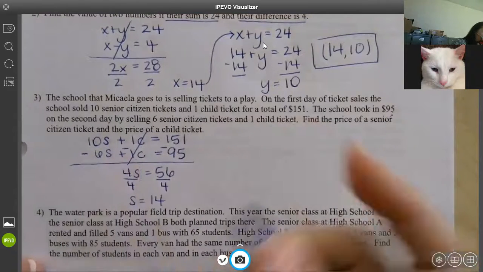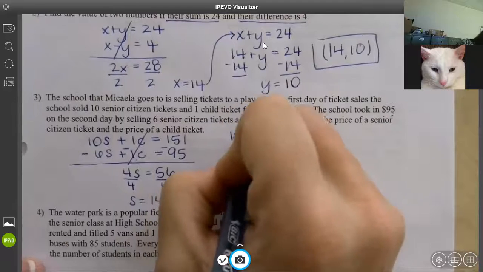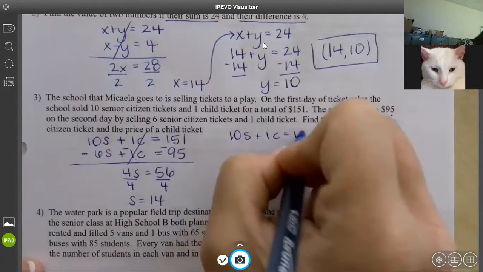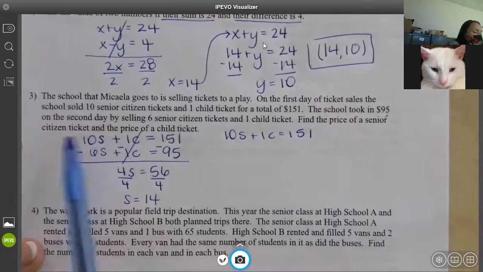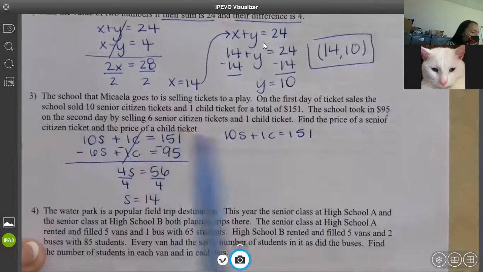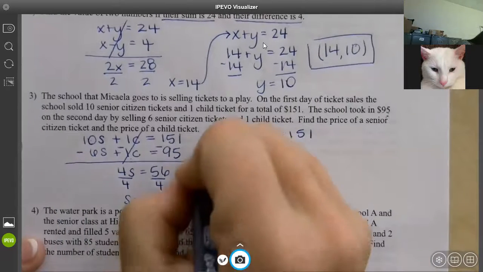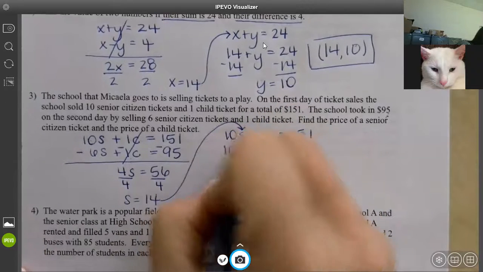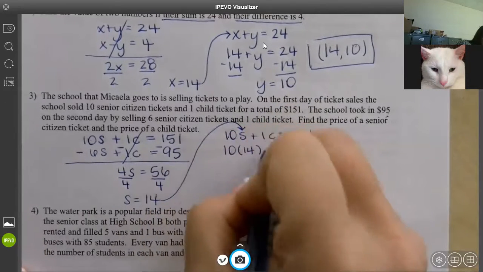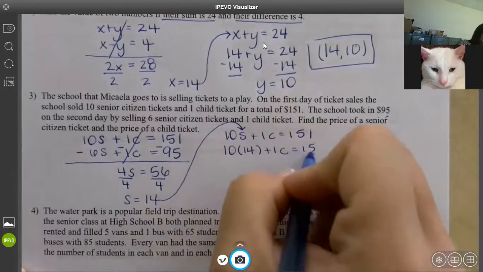To find the other one, I'm going to plug it into the top: 10S plus 1C equals 151. Because it asks us to find the price of the senior citizen and the child. So this S, or this 14, is going to go in for S. This is exactly what we've been doing all week. They just write it as a word problem instead.